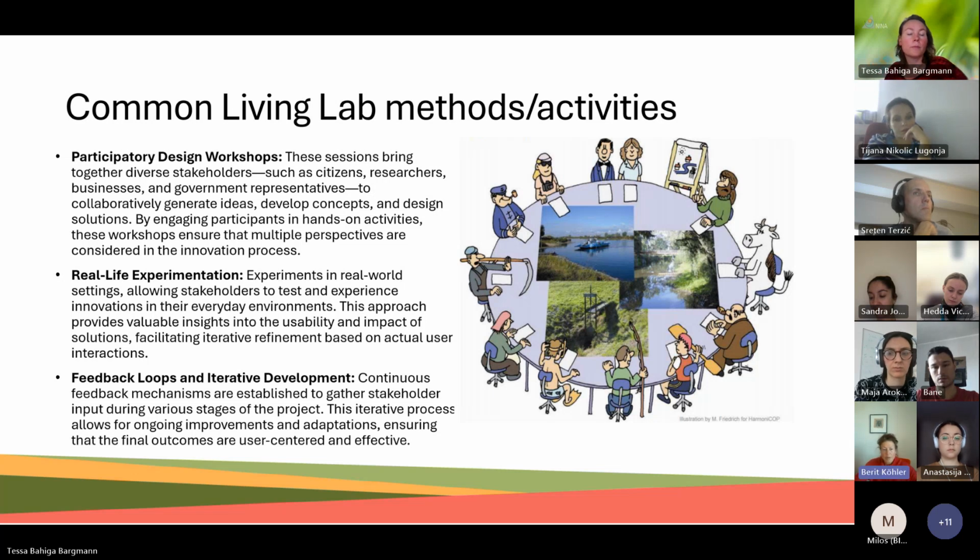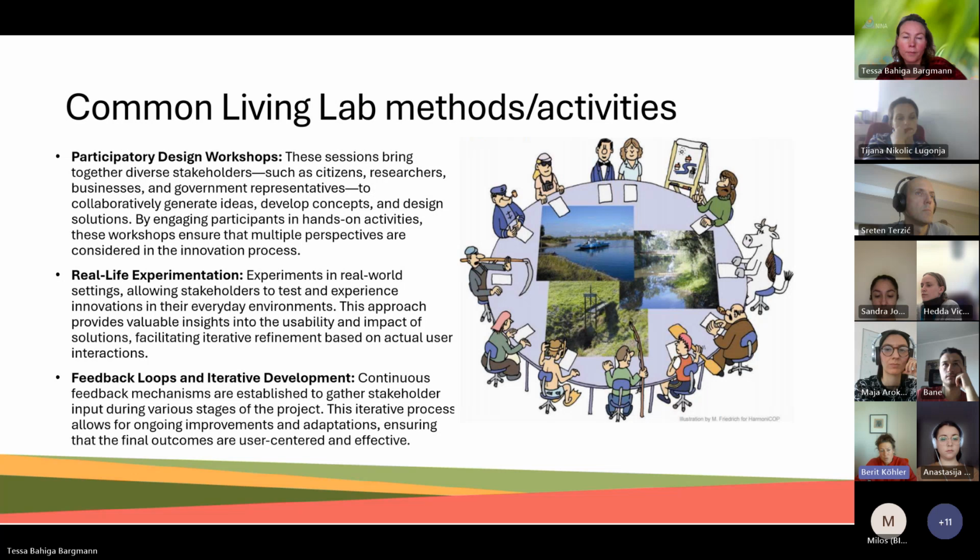Yeah, and a third type of method or activity would be feedback loops and iterative development. So speaking a bit more generally, continuous feedback mechanisms could be established to gather stakeholder input during various stages of the project.